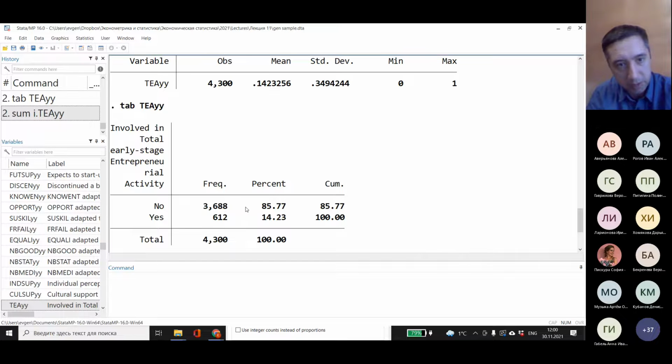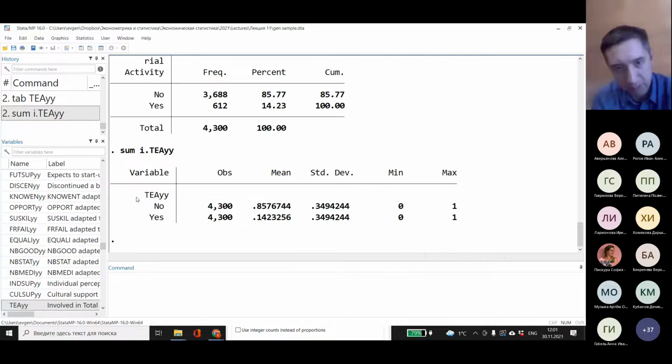To sum up, please remember that all binary variables have value labels or can have a value label. Second, it is always good to start our analysis with descriptive statistics, and instead of the summary command you should rely on the tab command.